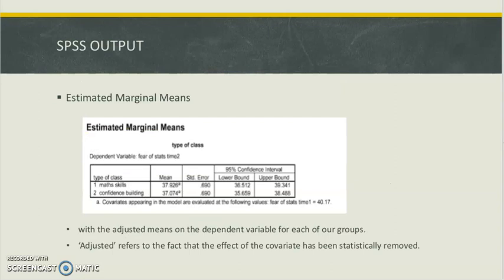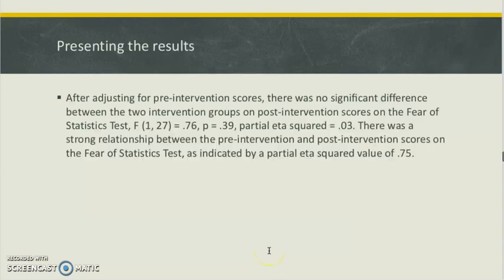And this is the output for estimated marginal means. We can see that there is a mean difference between math skills and confidence building, but a very small difference. Adjusted refers to the fact that the effect of the covariate has been statistically removed.